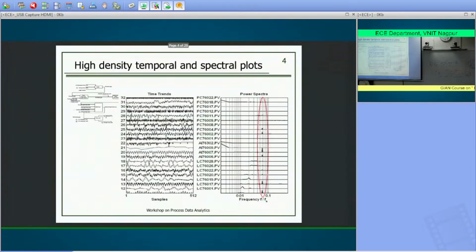The time series data was collected from a refinery, and we noticed very quickly just by plotting that there are many variables that are oscillating at the same frequency. And it turns out that in this particular example, I believe there was a sticky valve that was causing oscillations in one variable, one control loop, and those oscillations simply propagated through the entire system.